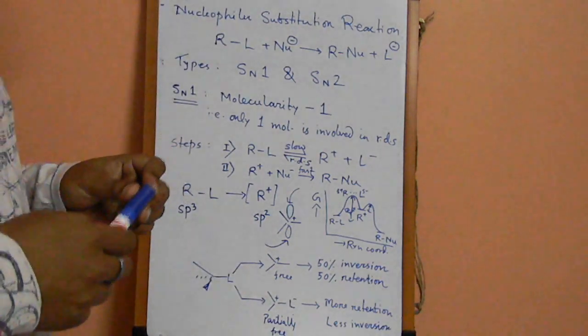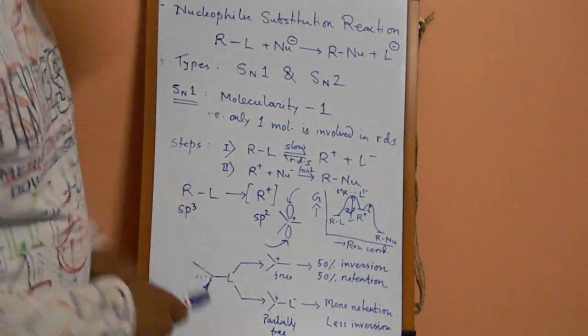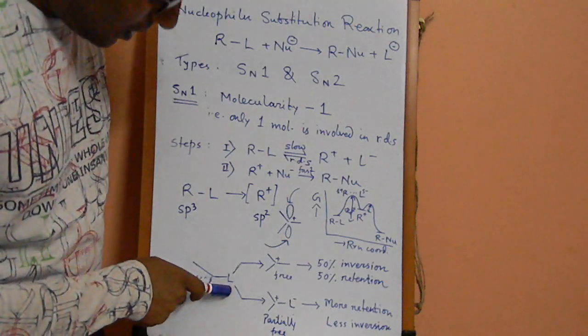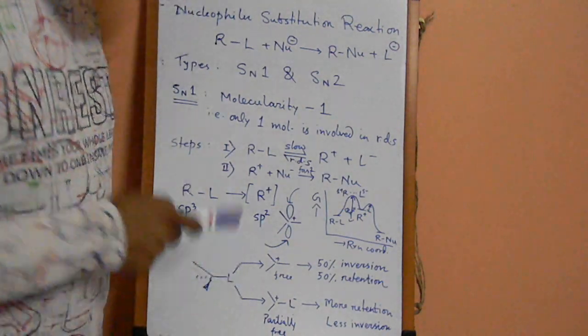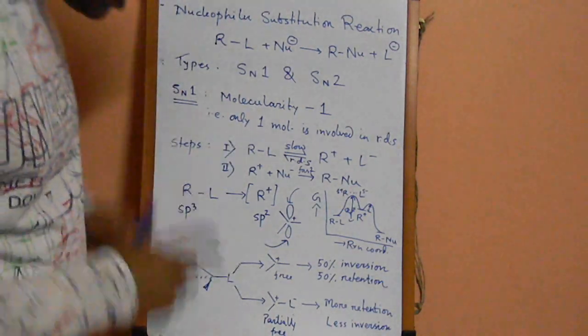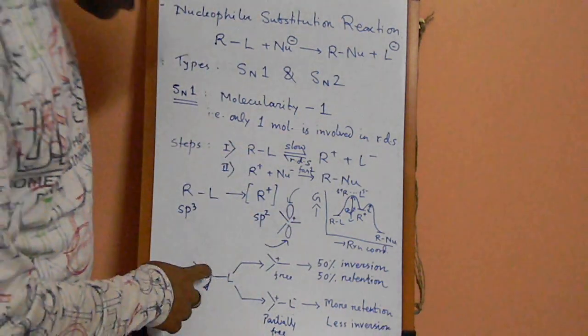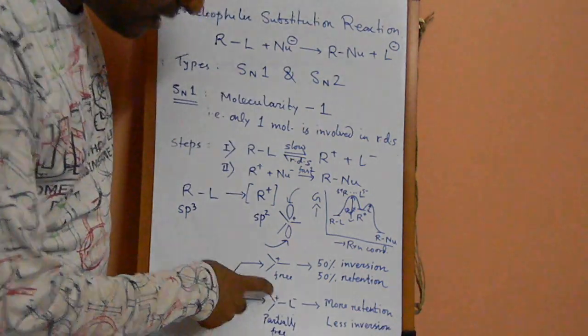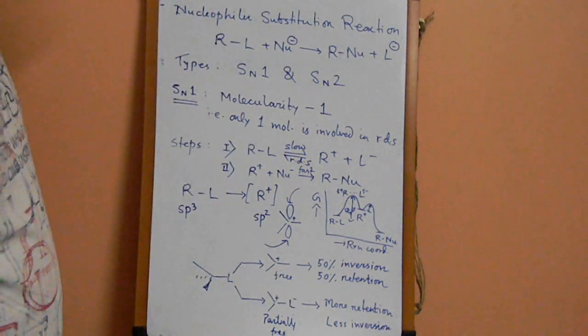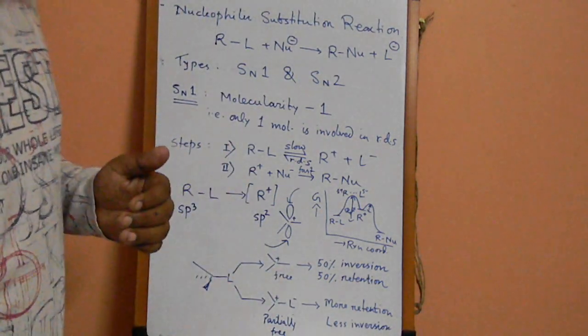What happens actually? If RL dissociates in such a way that either L is not such a good leaving group, or the carbocation which is forming is not quite stable, then it reacts very quickly.